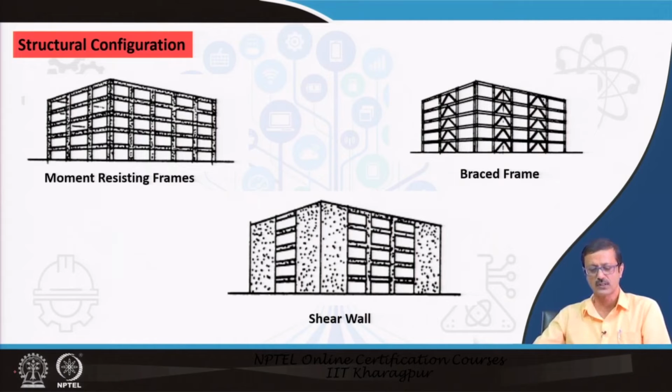Sometimes we can go with the shear wall. So, what is a shear wall? It is a structural wall which can take a large amount of shear force. Sometimes it is required when there is a high-rise or tall building.